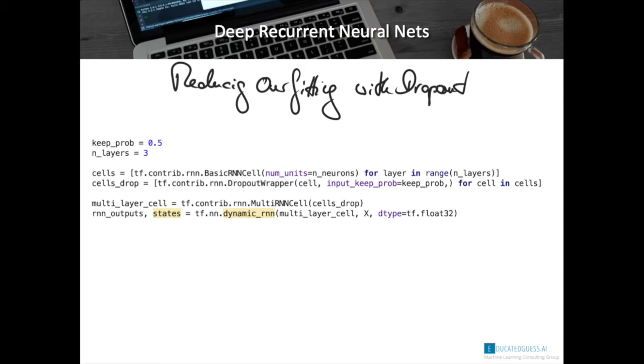So in this code, with a 50% chance, dropout is applied to each layer in order to eliminate inputs per layer.